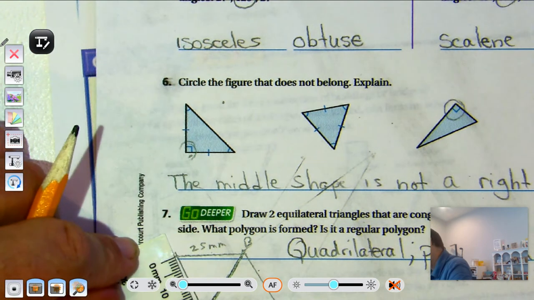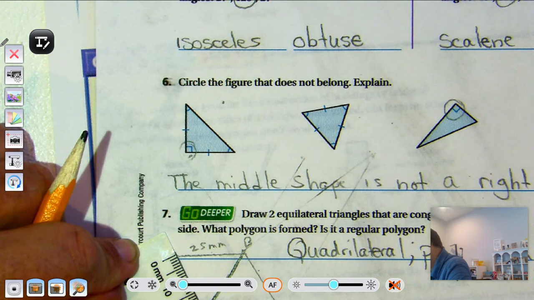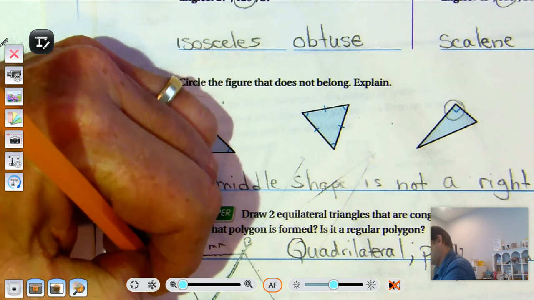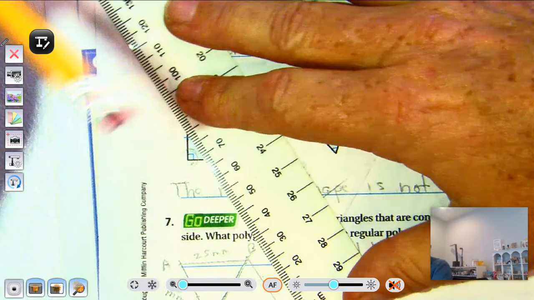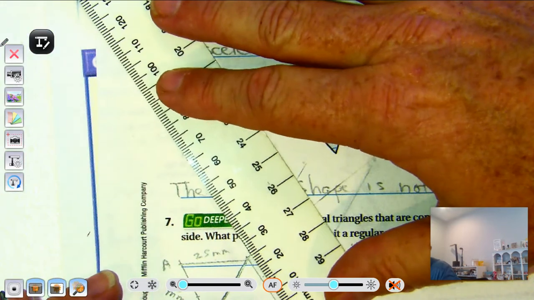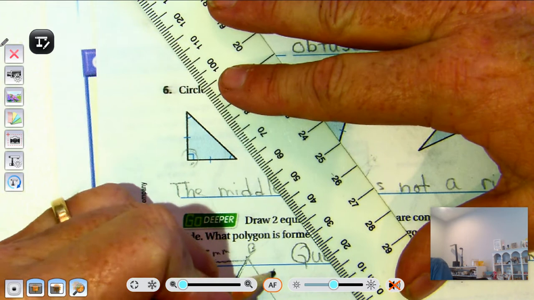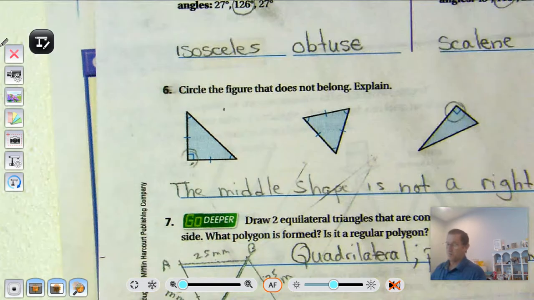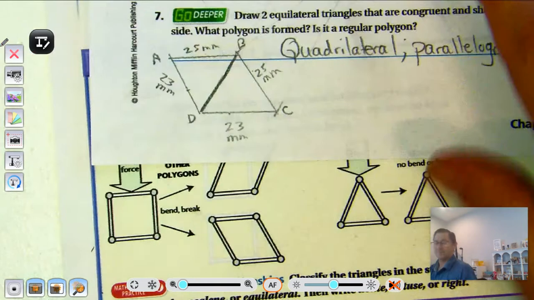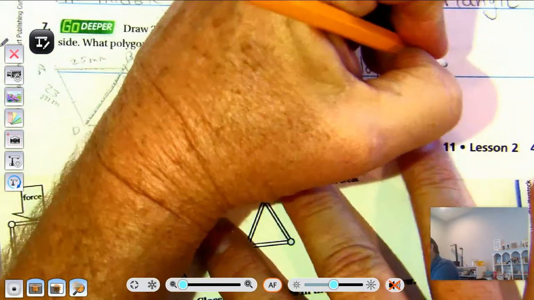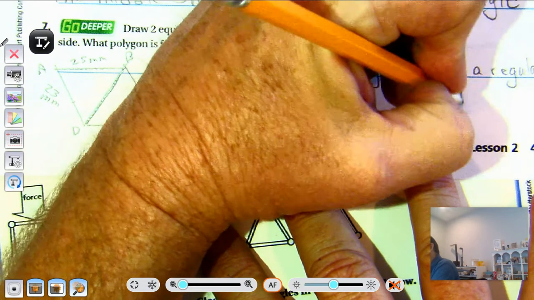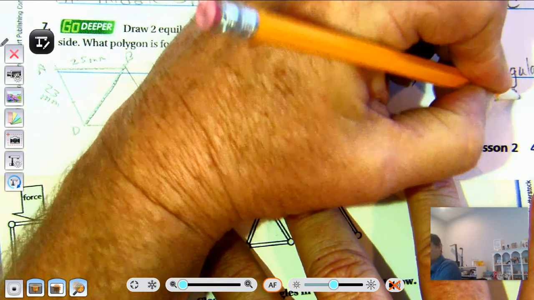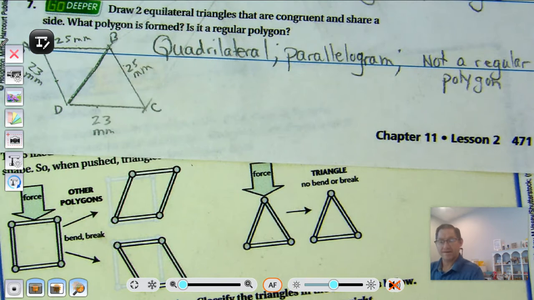Line AD is 23 millimeters. And line CB is 25 millimeters. So no, not all sides are equal. So it is not a regular polygon. Okay, it's not a regular polygon.